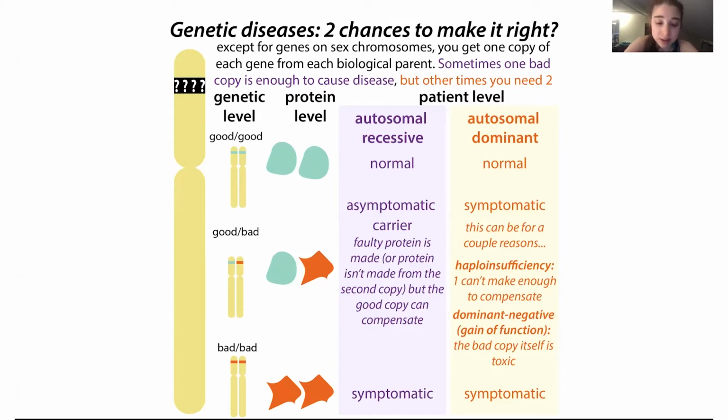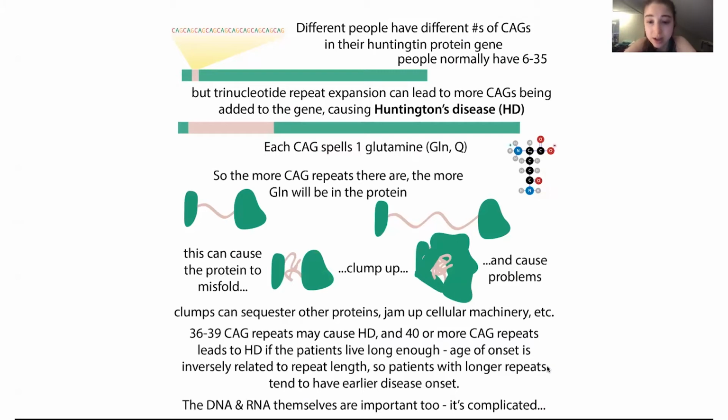And there's some evidence for both of these types of effects going on with Huntington's disease, but there's a lot of thinking that there are gain of function effects whereby the bad protein can sequester things and cause various problems, so that the gene itself is toxic, and it's not just the loss of the normal version.